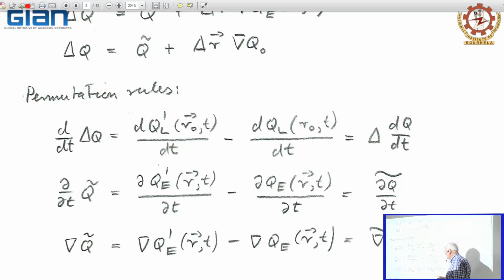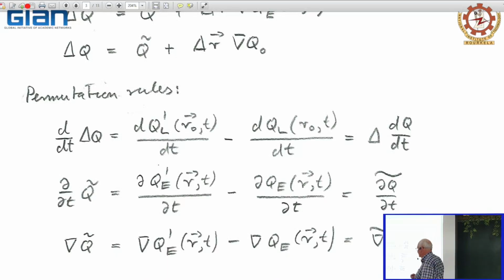Similarly, also the gradient acting on an Eulerian perturbation by definition is simply the difference of the perturbed system and the original system in the Eulerian sense acting with a gradient. This is simply the definition of the Eulerian perturbation of the gradient. So these three operations commute: Eulerian perturbations commute with Eulerian differential operators, and Lagrangian perturbations commute with Lagrangian time derivatives.